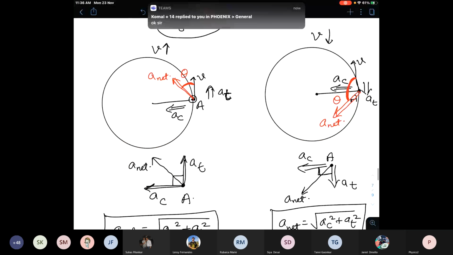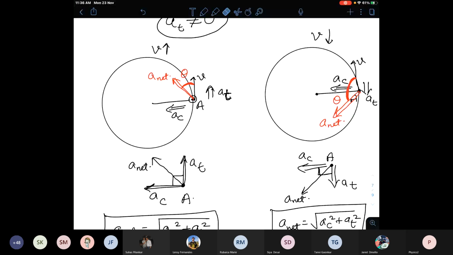See what I've done here. Just try to see it in the circular motion only. My velocity is in this direction. A tangential is like this, and a centripetal is like this. These are the two components which are creating your net acceleration.